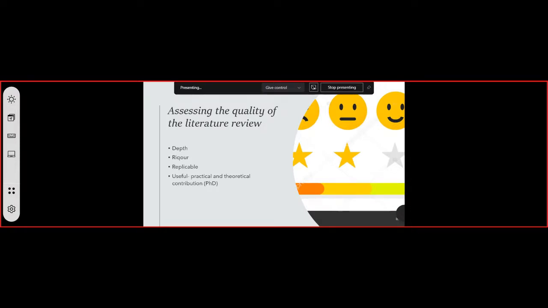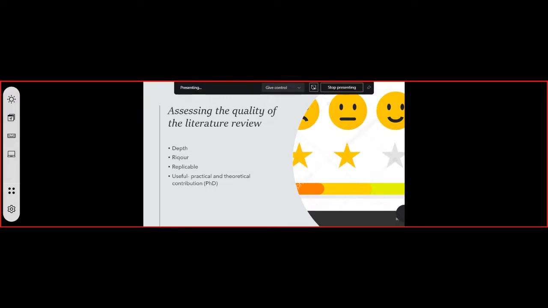I also, as a reader, need this information should I want to replicate your literature review for any reason. I could maybe also use it to replicate it and see if I reach the same conclusions.